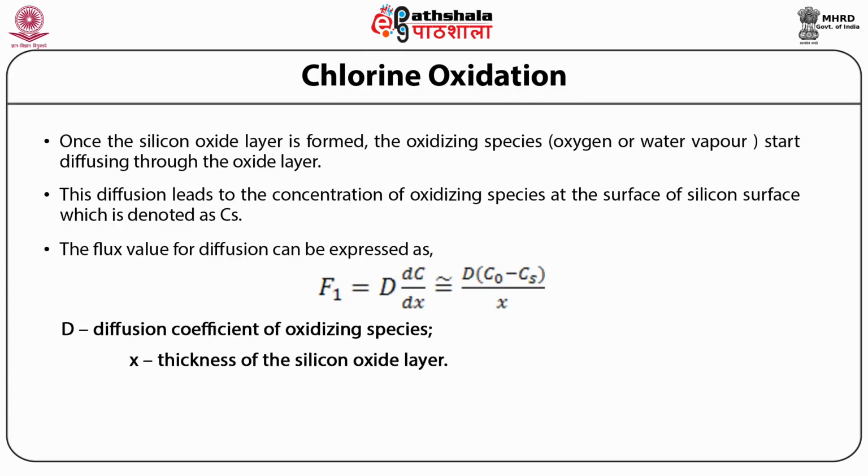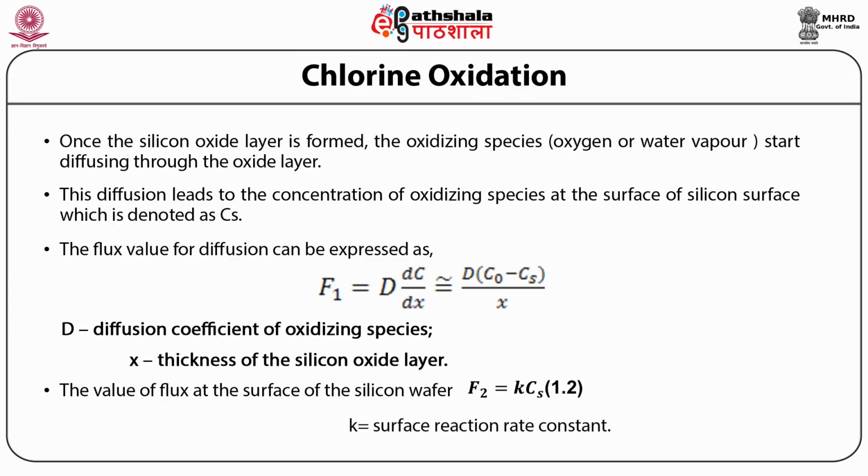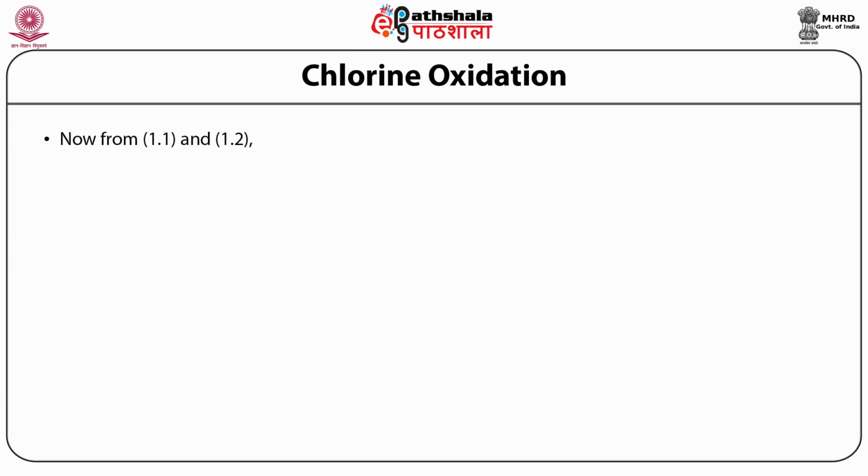layer. Now the value of flux at the surface of the silicon wafer is F2 equal to K multiplied by Cs, where K is the surface reaction rate constant. So now from the above two equations, F is equal to D C0 divided by (X plus D/K).